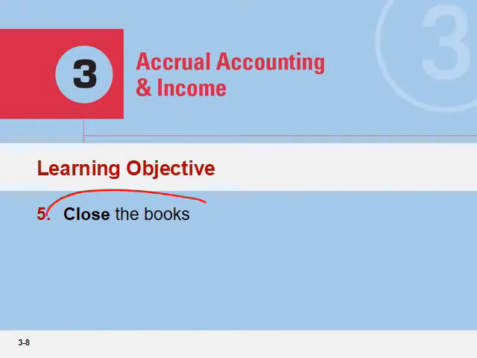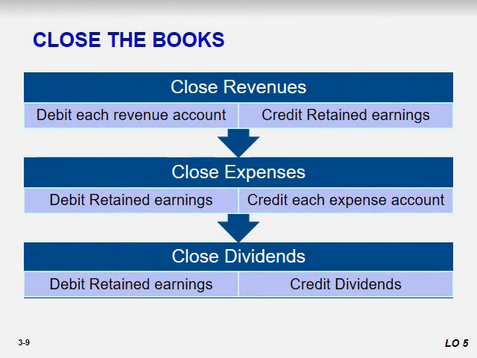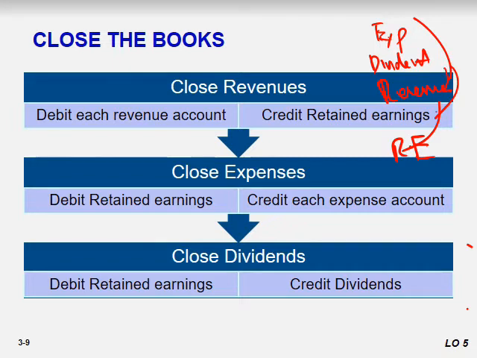Our fifth learning objective is close the books. So closing the books transfers revenue, expense, and dividend balances to the retained earnings. So we know that expense, dividend, and revenue, these three accounts belong to the retained earnings account, right? So closing of the books means that you close revenues, expenses, and dividends to retained earnings.